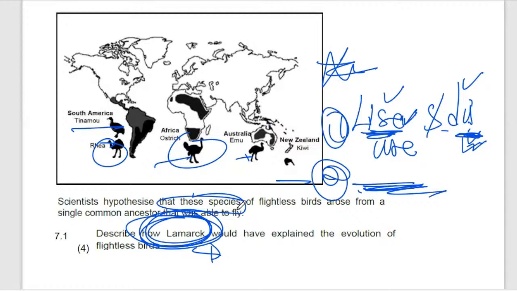There is not enough evidence to show that elephants acquired long trunks through using them frequently. And the elephants did not acquire the long trunks because they wanted to acquire them. So you have to apply so that you are able to obtain a mark. Is it clear, guys? Distinction material.